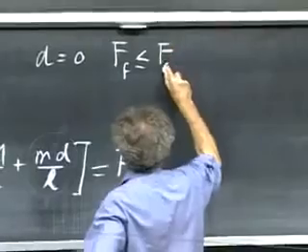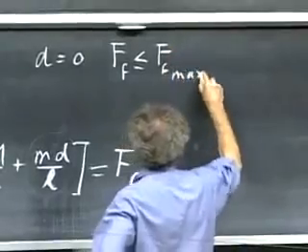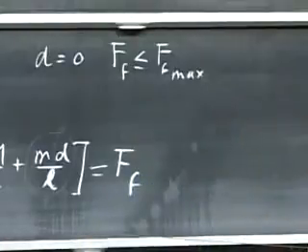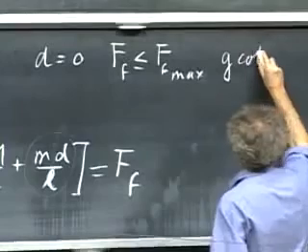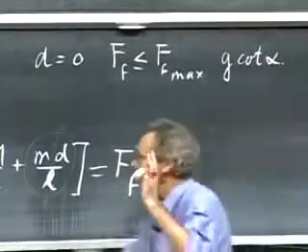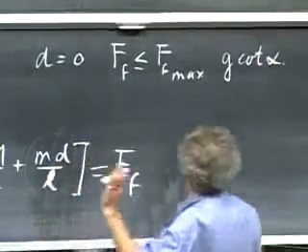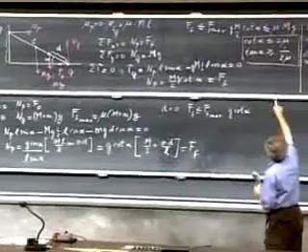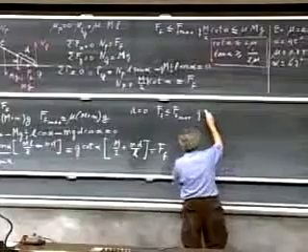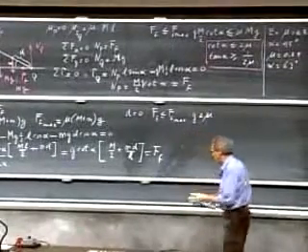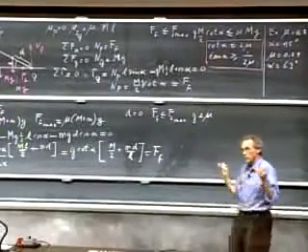So now the situation is only safe as long as the frictional force is smaller or equal to the maximum value possible. And that's the case when G cotangent alpha, but remember we set it at the critical angle so that cotangent alpha is 2 mu. So I can replace this by 2 mu because that's the way I set up my experiment. I don't start with a random angle.